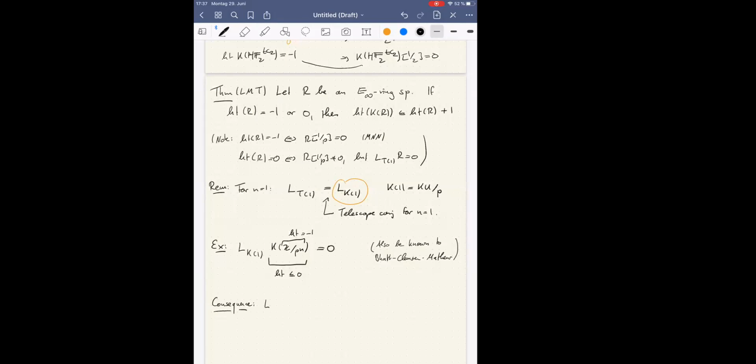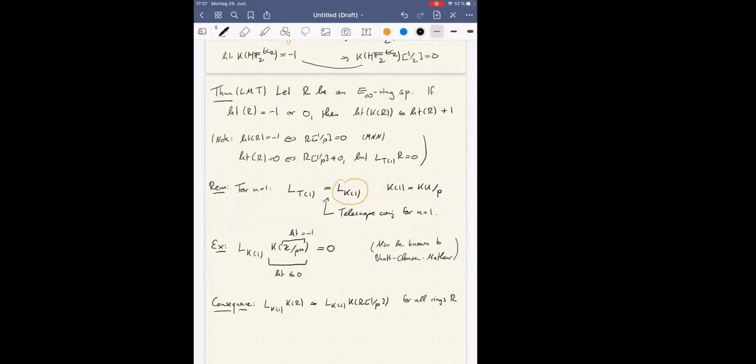These consequences have also been all known to Bhargav, Dustin, and Akhil: that K1-local K-theory is insensitive to inverting p, for all rings R.